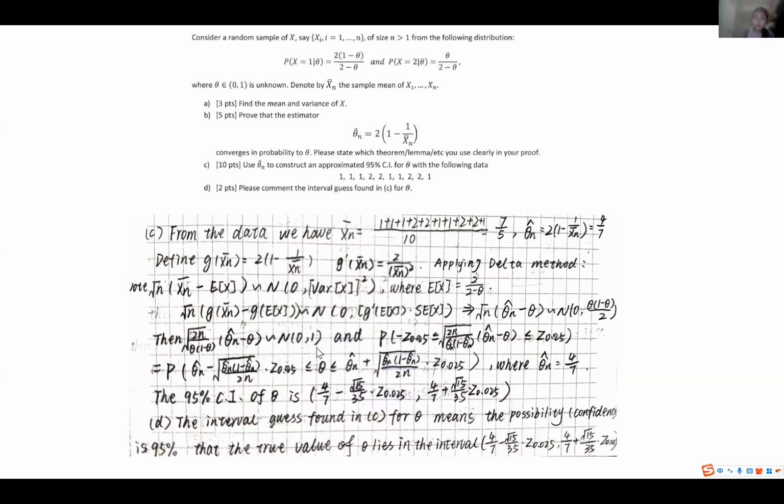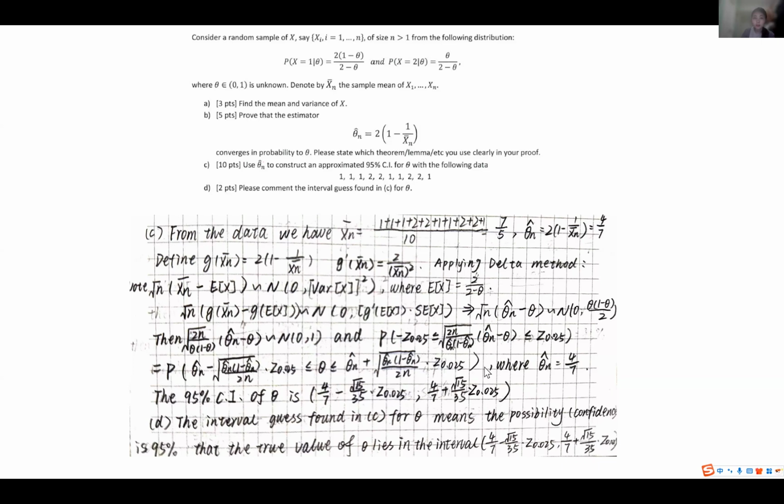Then we make some simplification. Okay, so we also need to transform it into the standard distribution N(0, 1), and we can use this Z 0.025 here.